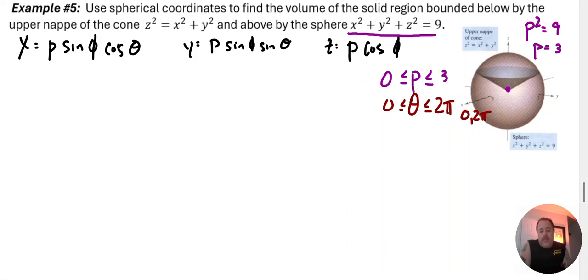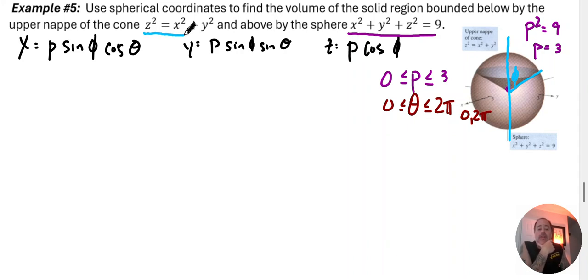So let's talk about phi. Let's remind ourselves what phi actually is. Phi is the angle measured down from the positive z-axis. We're looking at the upper nappe of the cone, and we want to find the angle of this cone.